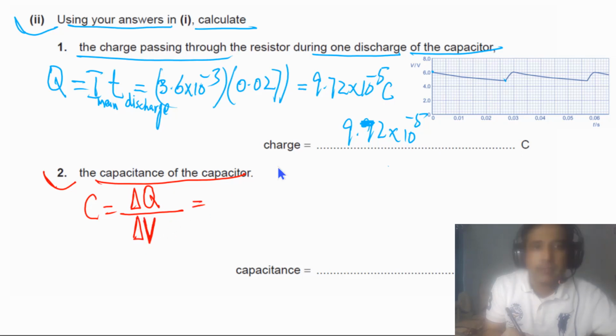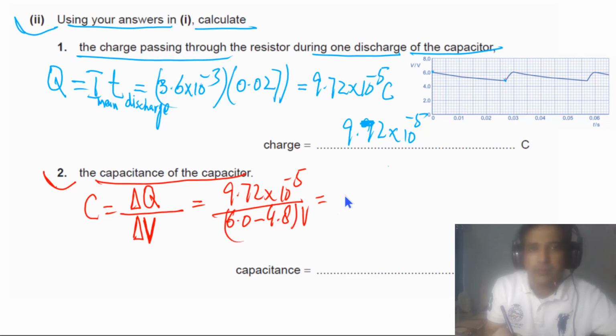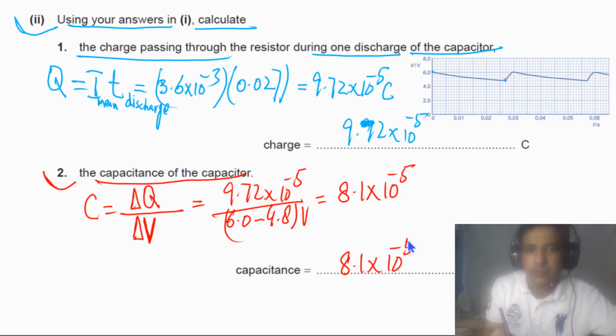Delta Q we have just calculated, that is equal to 9.72 times 10 to minus 5, and the change in potential across this capacitor, that is 6.0 minus 4.8 volts. If we solve this one, our final answer will be equal to 8.1 times 10 to minus 5 farads.